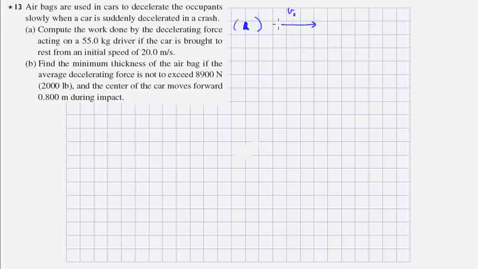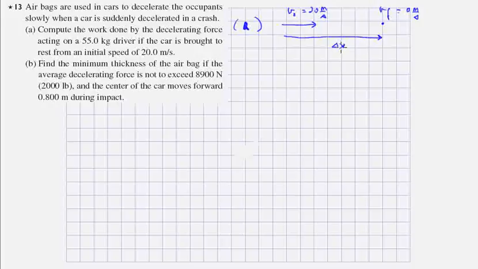So there's an initial velocity of V0, and then there's a final velocity of Vf, which is 0 meters per second. And during this motion, there is a displacement from left to right of delta x.